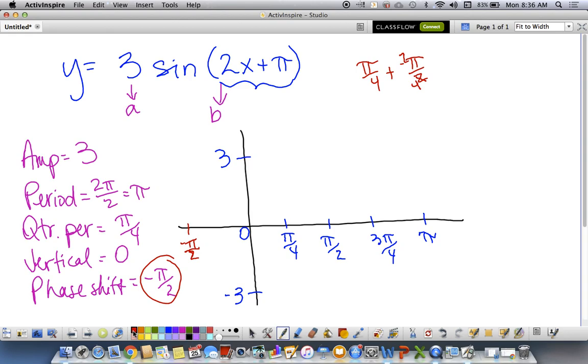So what's pi over 4 minus 2 pi over 4? My biggest question is, what do you do with fractions? Can we add, subtract fractions? 1 minus 2? Negative 1. So do we end up at negative pi over 4?